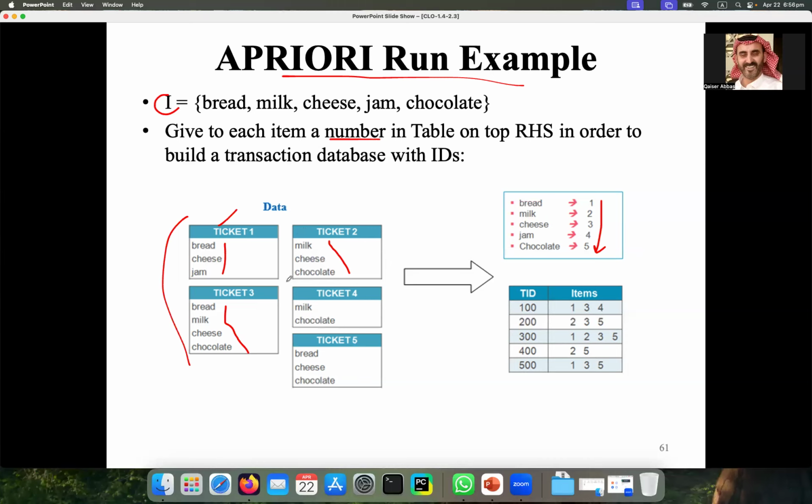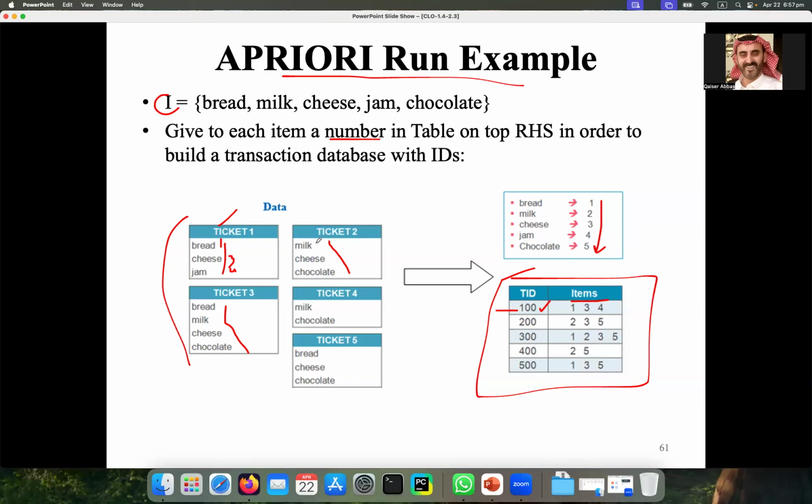So from this data, after marking the items with numbers, we are now creating our data set. For example, if you see here, bread is one, cheese is three, and jam is four. So 134 is in the ticket, and you can say the transaction ID is 100.